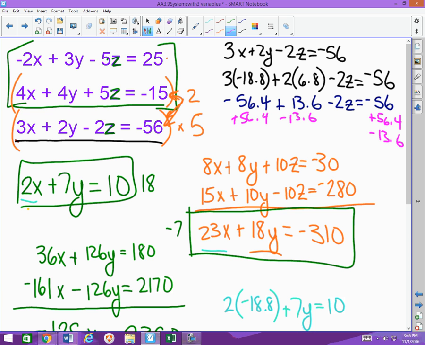And we will have a negative 2z equals negative 13.2. Then finally divide by a negative 2, and z will equal 6.6.